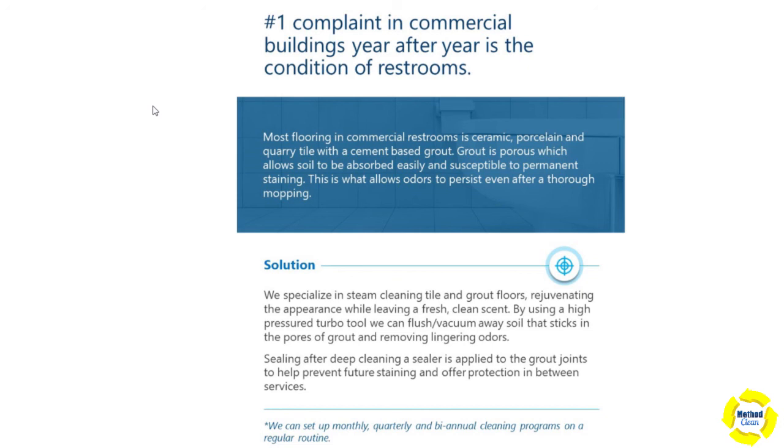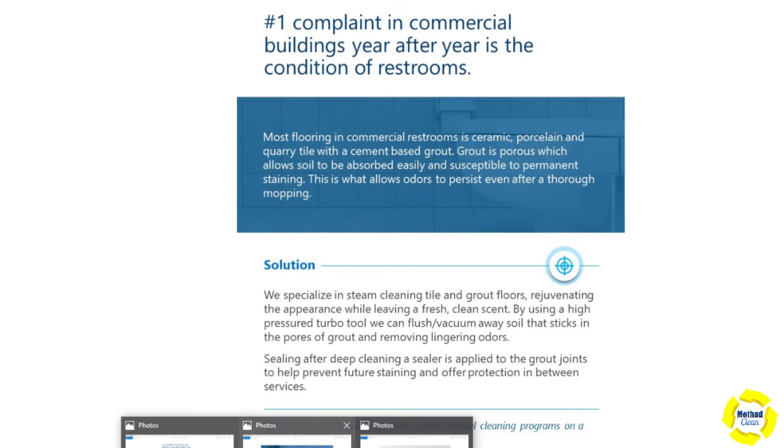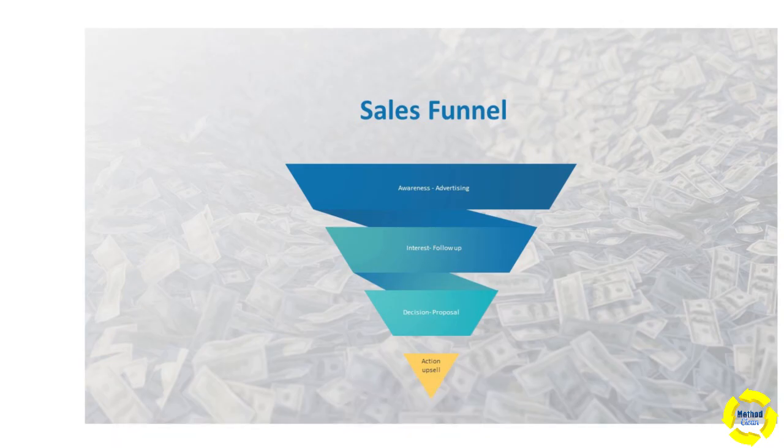If you're emailing proposals, then you would just create a PDF, and this would be one of the pages that you would include. So that would be where you would use it in the decision stage.